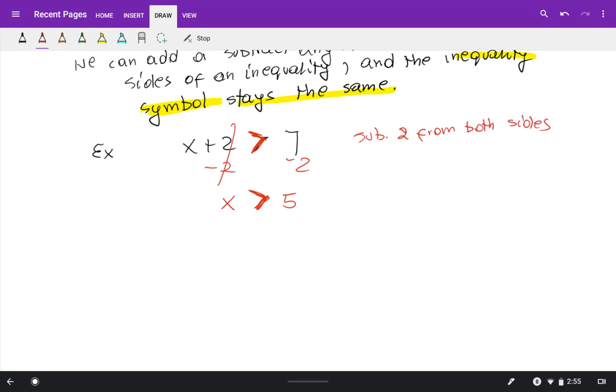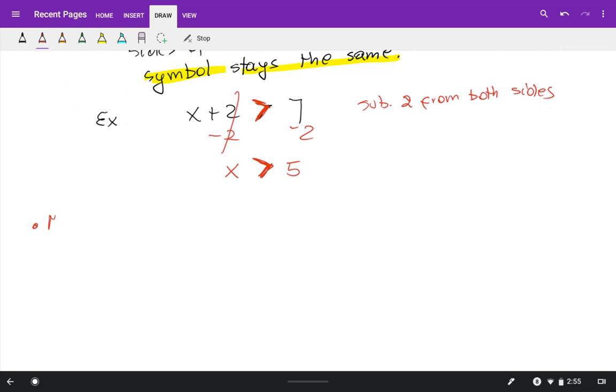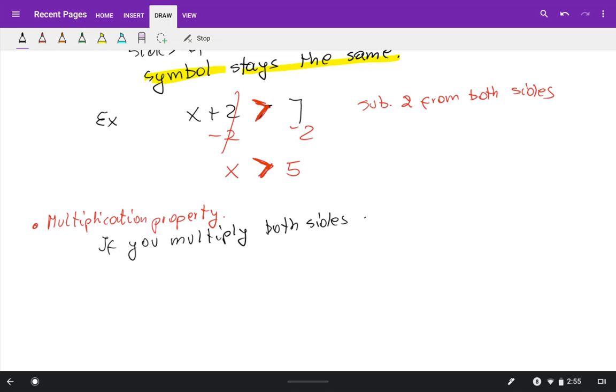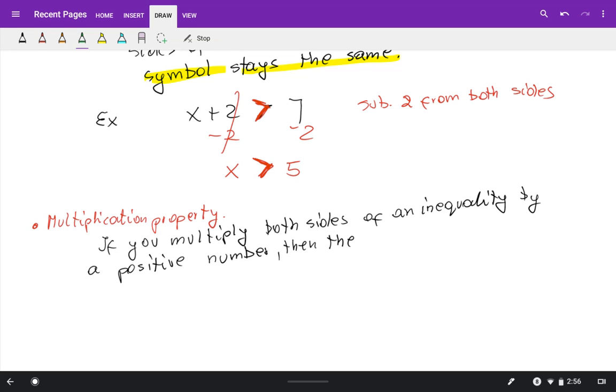Next one is the multiplication property. The multiplication property tells you that if you multiply both sides of an inequality by a positive number, then the inequality symbol stays the same.